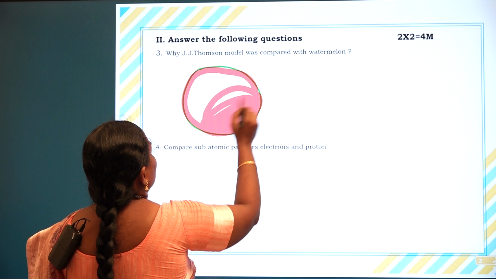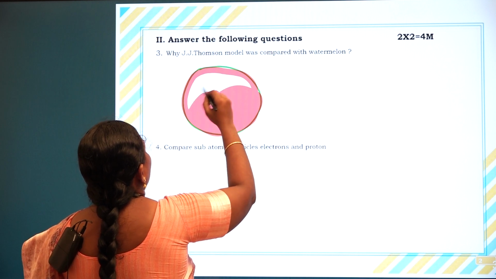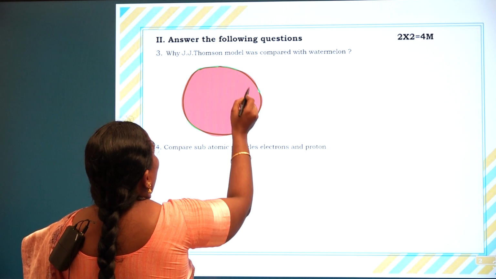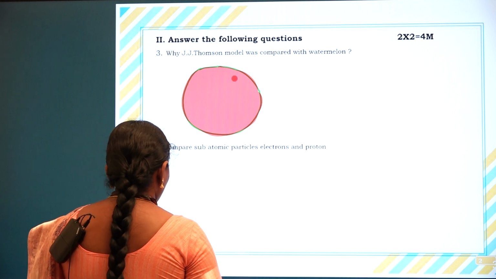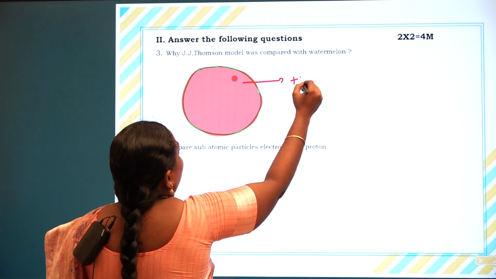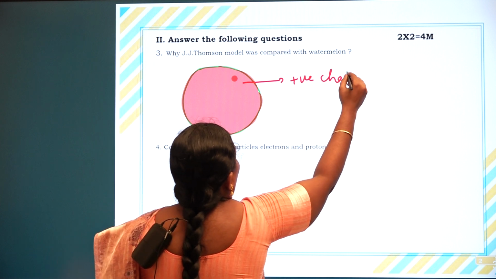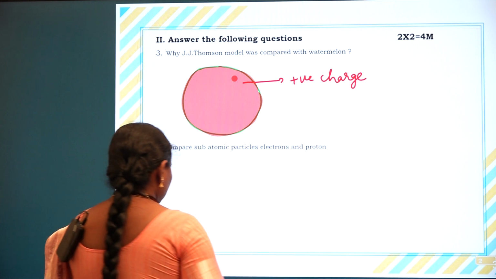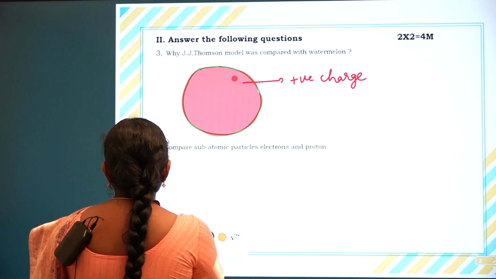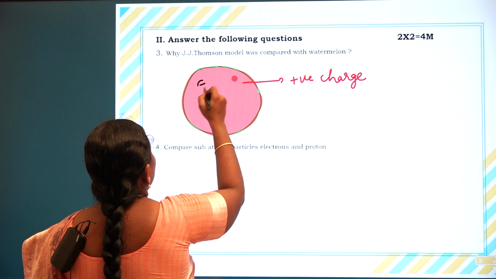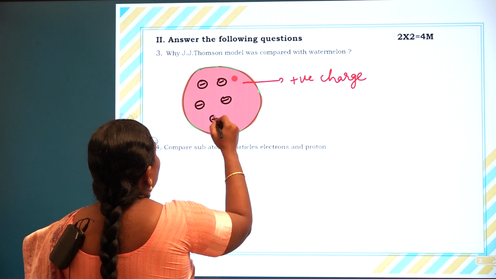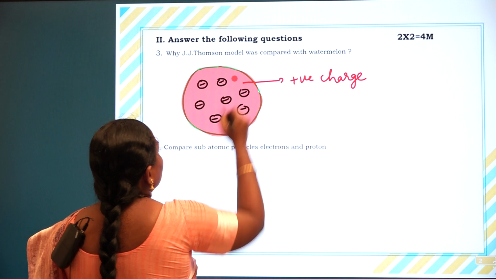The red fibrous mass of the watermelon is compared with the positive charge of the atom, whereas the seeds of the watermelon are assumed as electrons. No doubt, it is wrong.